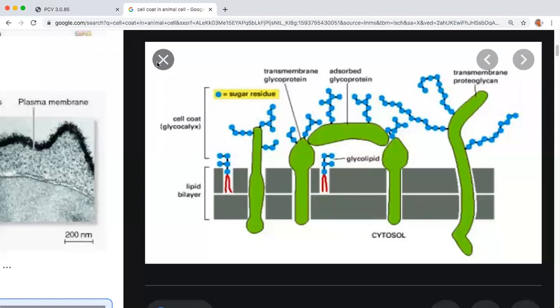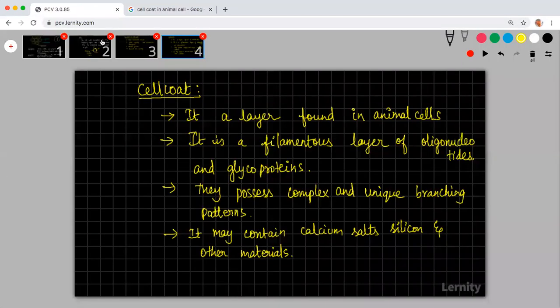These are transporter proteins, and it also branches out from the transport proteins, with glycoproteins and sugars. So this is like an additional layer which is seen here.